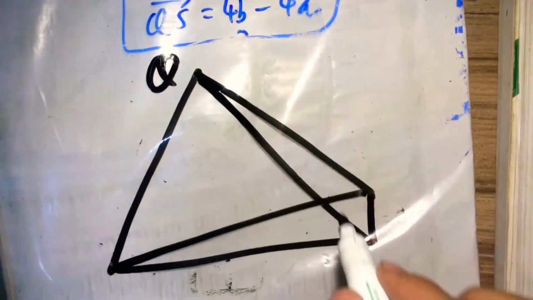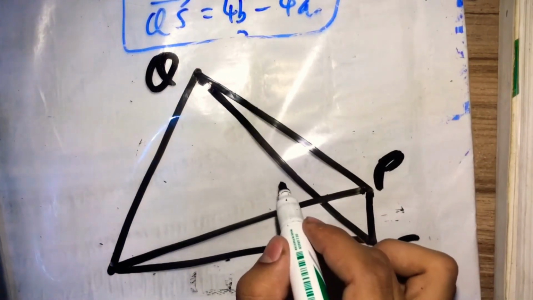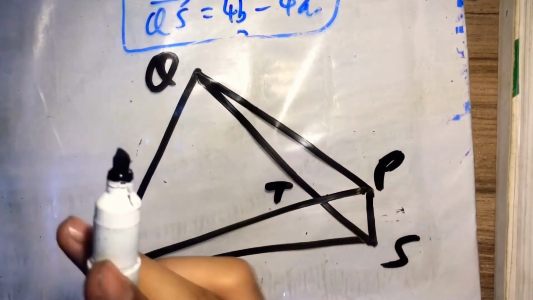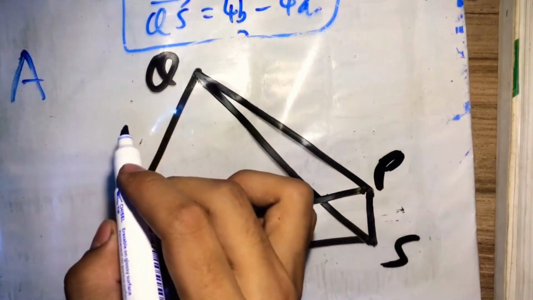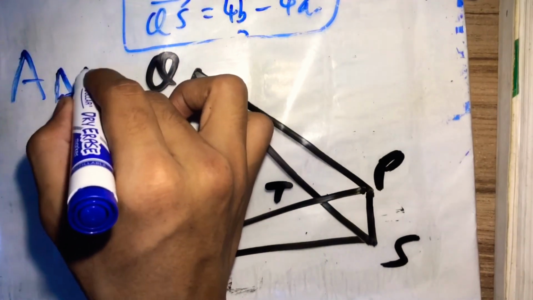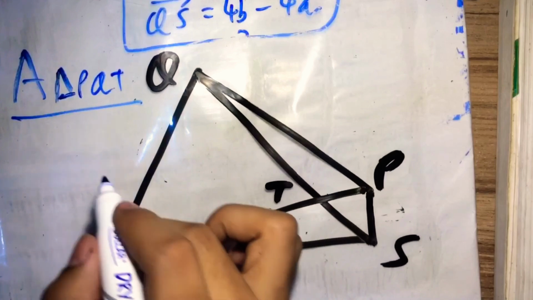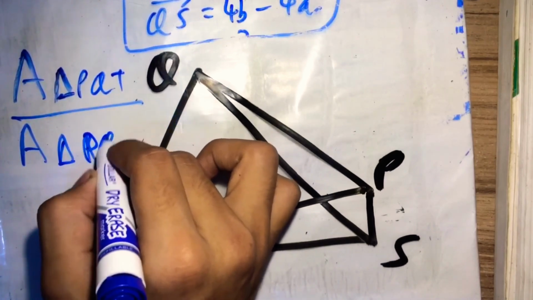This is Q, this is P, S, this point is T, and this is R. We need the ratio of the area of triangle PQT upon the area of triangle RQT.